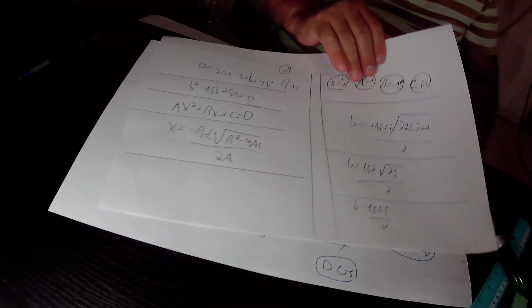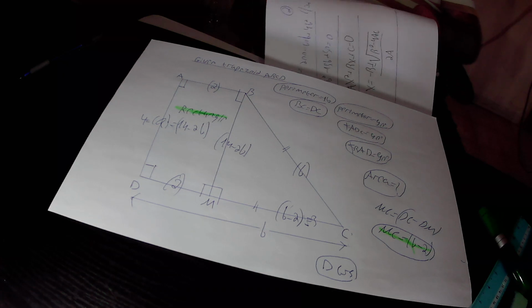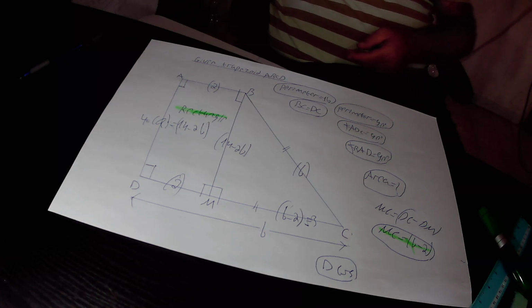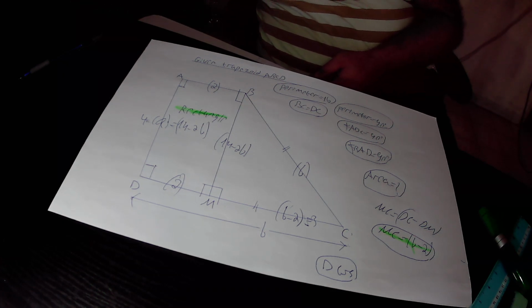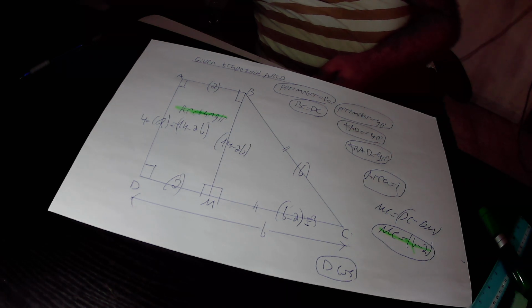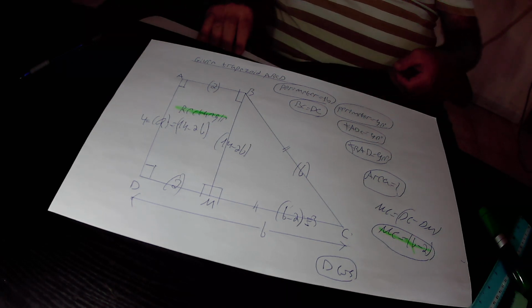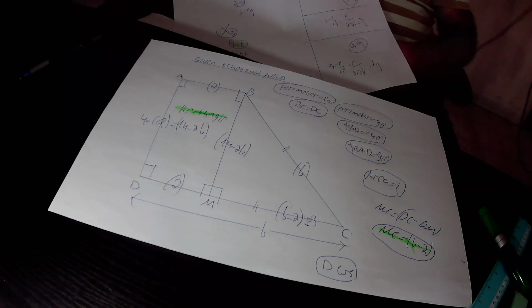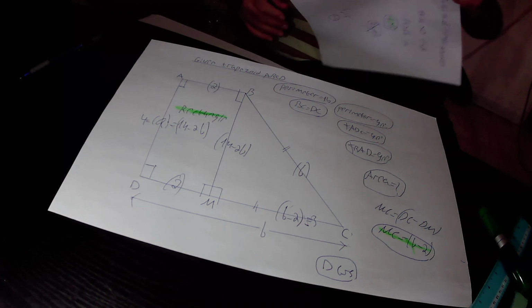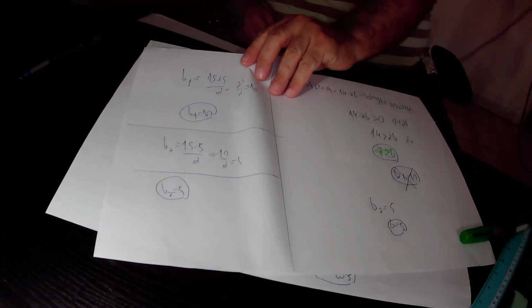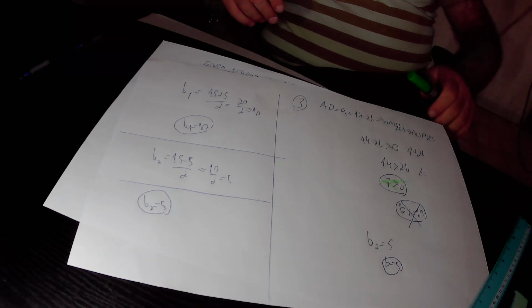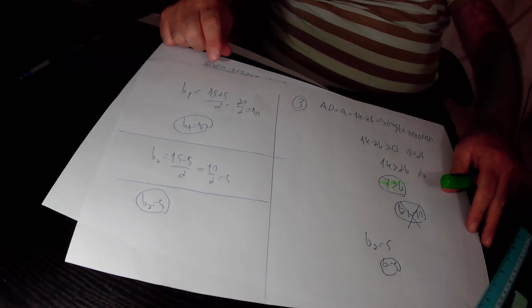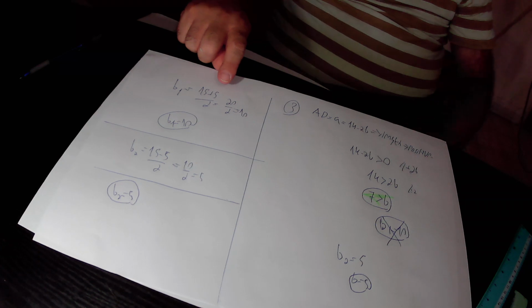So according to the first solution, this is b1. b1 equals 15 plus 5 over 2. 15 plus 5 is 20 and 20 over 2 is 10.